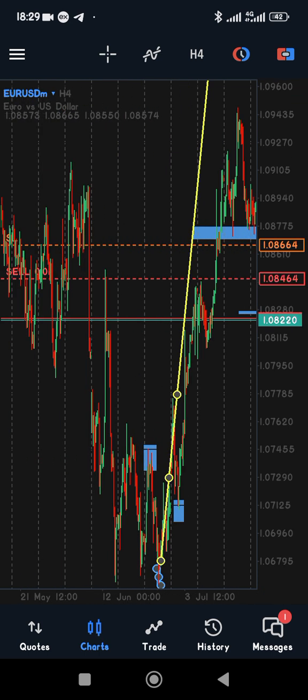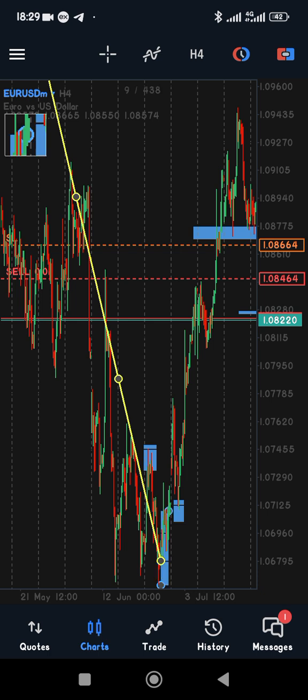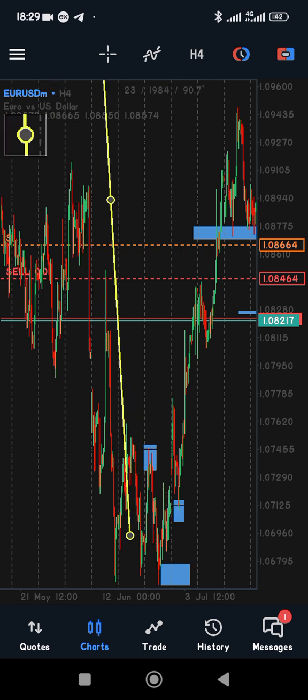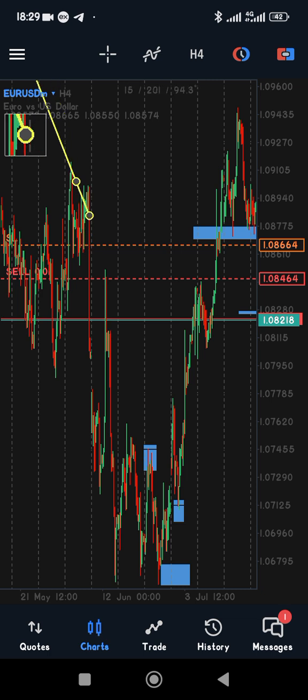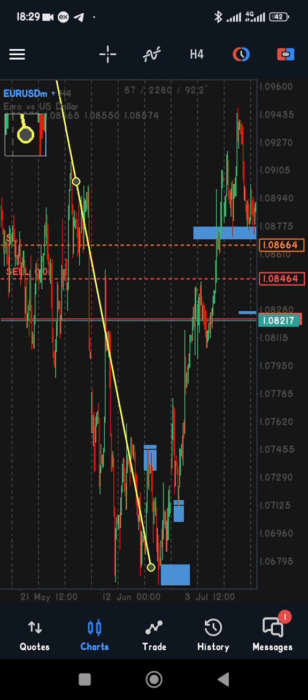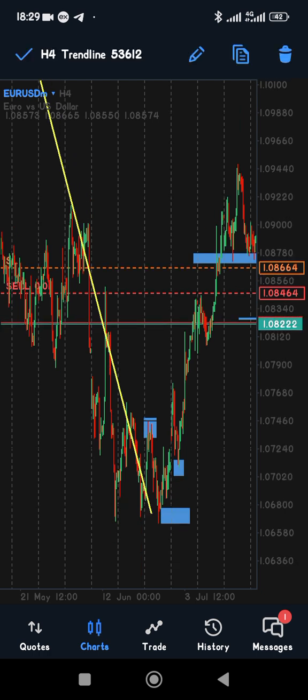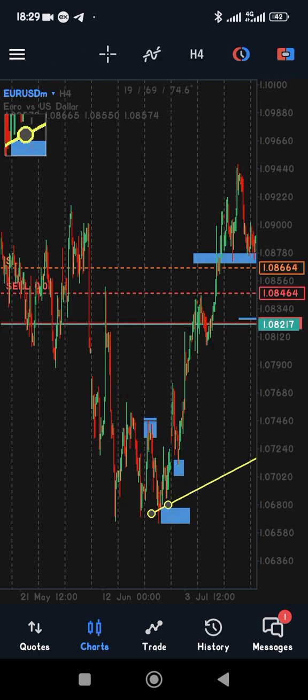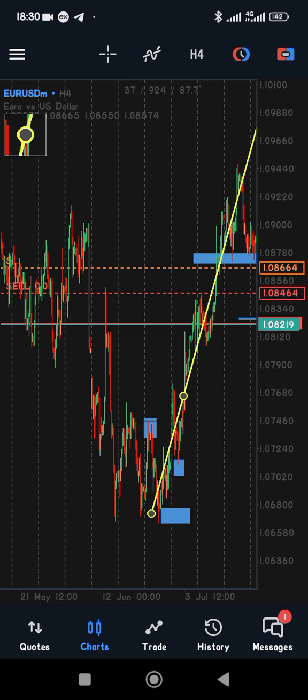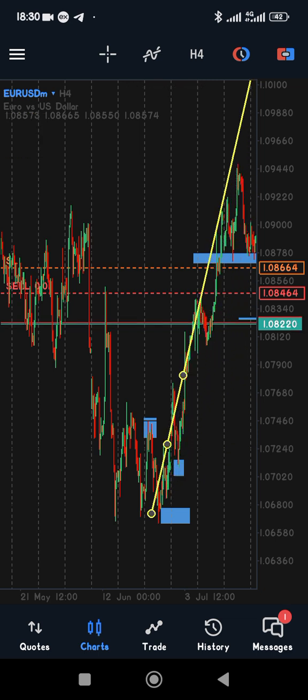If you look at it over here, it has been coming down right from this place. It has been coming down to this place. But when the price moved up to this area, it has changed the structure to an uptrend.